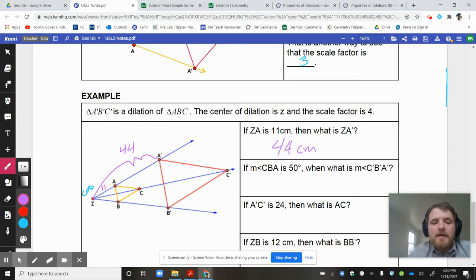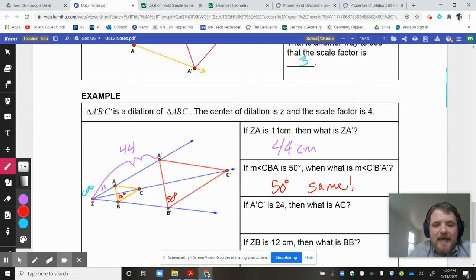Multiplied by 4. So we've got angle CBA, C to B to A, is 50 degrees right there. So C to B to A should also be 50. It stays the same if it's a dilation. It's 50 degrees. We want to know that.